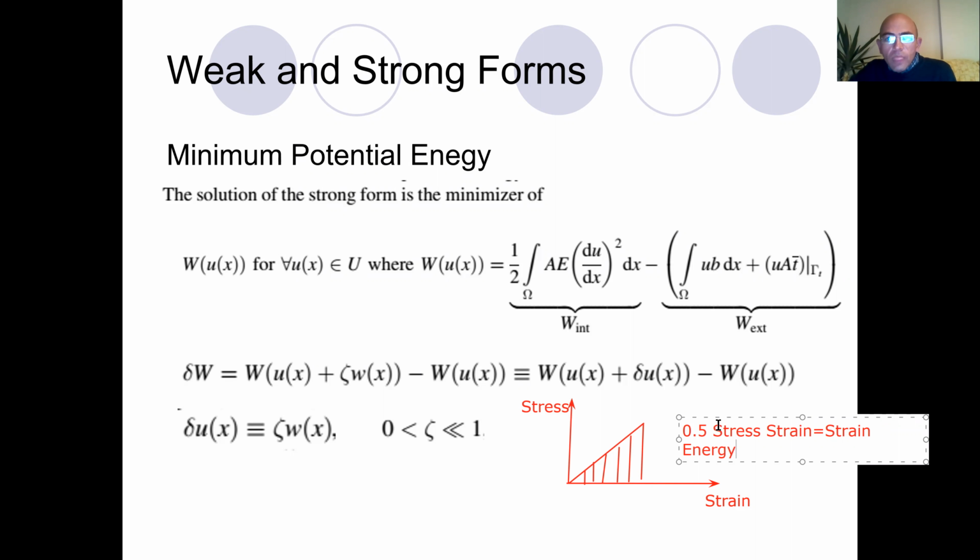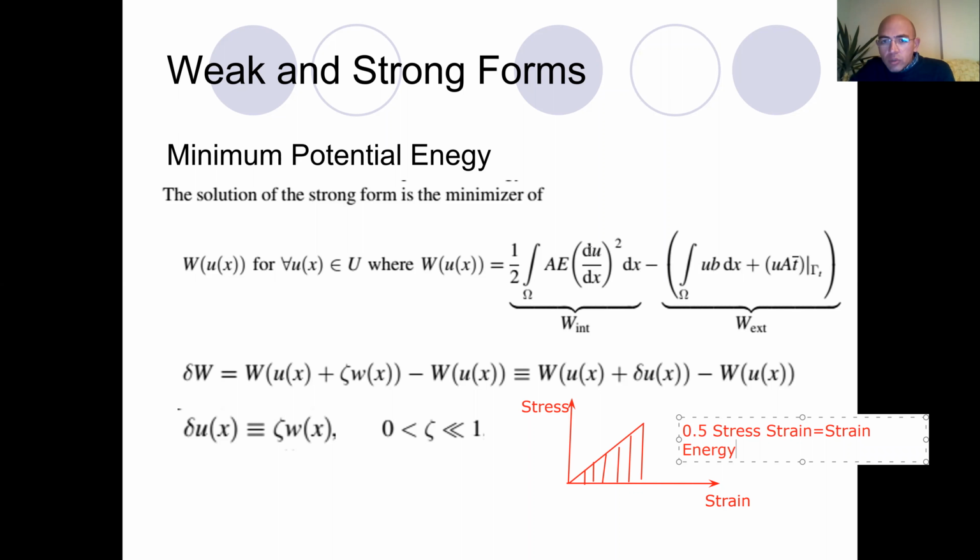Okay, so simply, you know that you can write it in two different ways. You know that the stress is equal to strain multiplied by the Young modulus. This is one way of calculating it. If you substitute the strain, epsilon multiplied by E, then you have 1/2 E epsilon square.